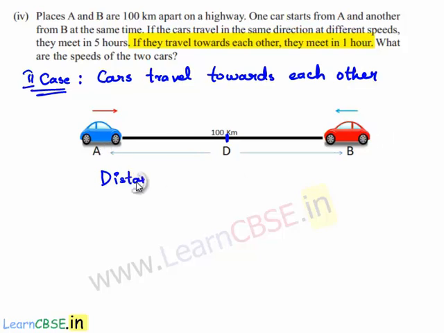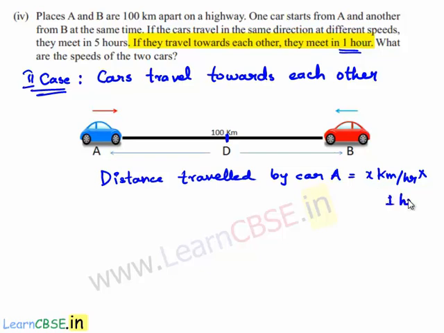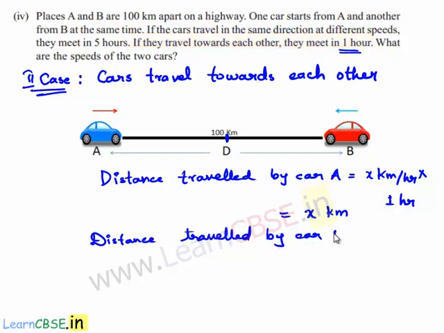The distance traveled by car A is speed multiplied by time, x kilometers per hour times 1 hour, so this becomes x kilometers. The distance traveled by car B is speed y kilometers per hour multiplied by the time taken, 1 hour. So this becomes y kilometers.